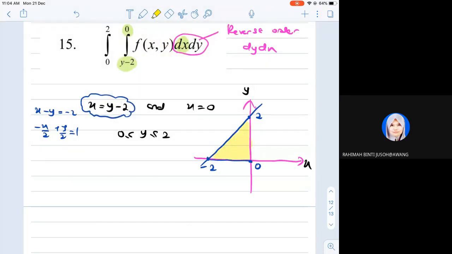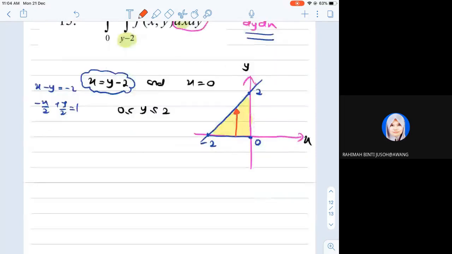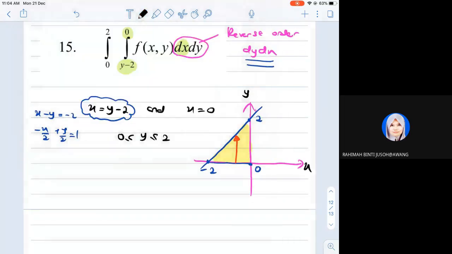All right. So now we want to change into dy dx. So into dy dx means the movement is from bottom to top. So from bottom line to the top line. So we will have limit of integration. Therefore, the answer is, okay, f(x,y), just copy it down because no need for you to calculate. You just need to change into dy dx. So the lower line should be y equals to? 0.